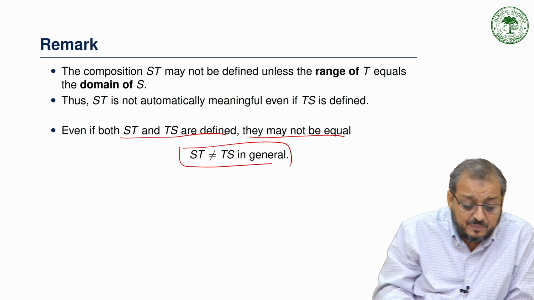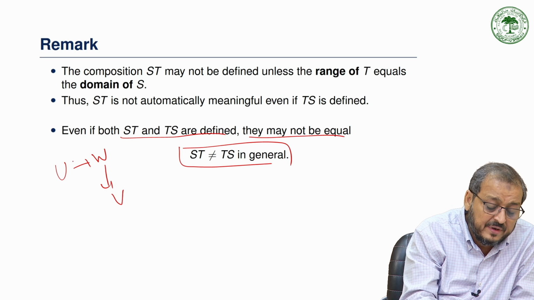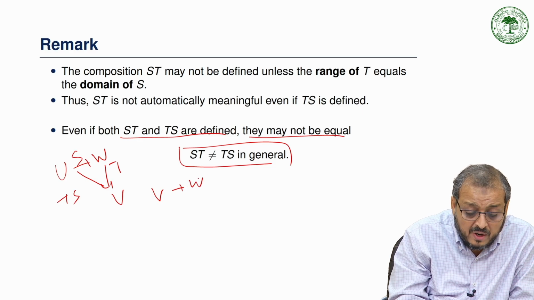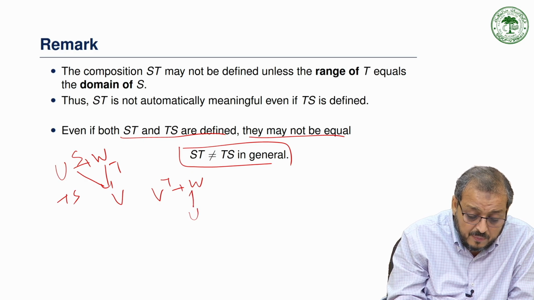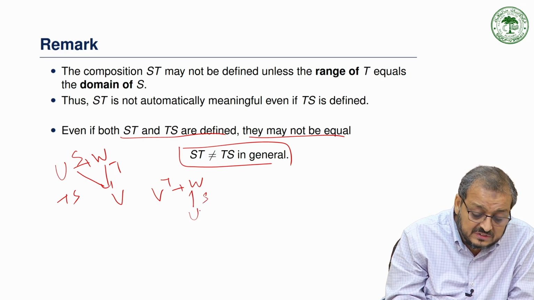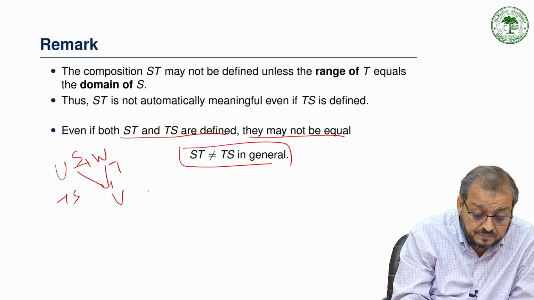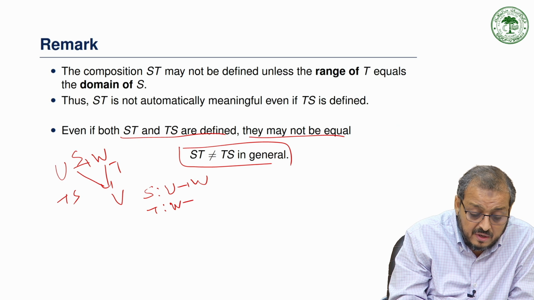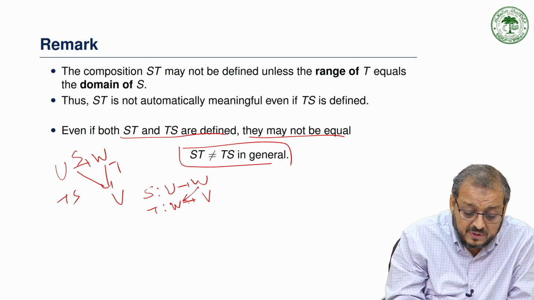In general, suppose we take S from U to W and T from W to V. Then TS is defined because of these two, but ST is not defined because these two are different.